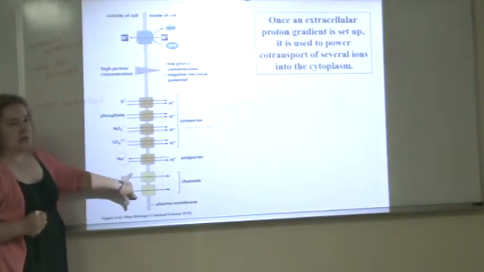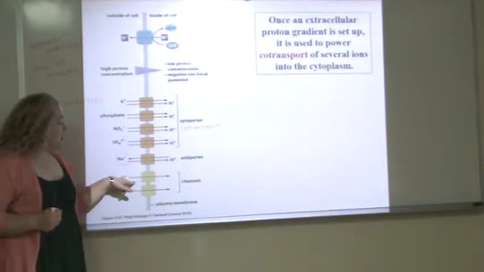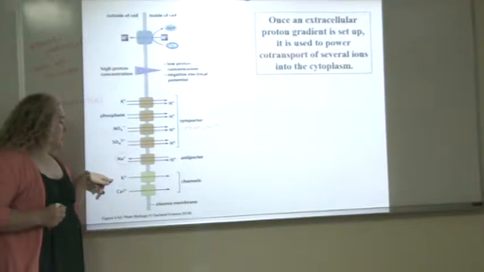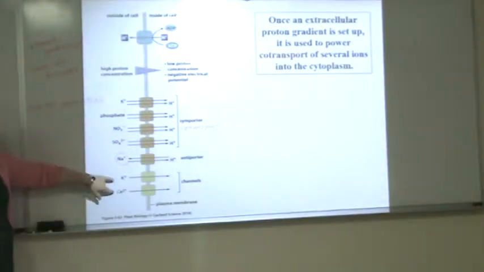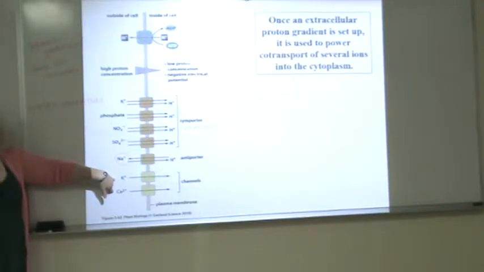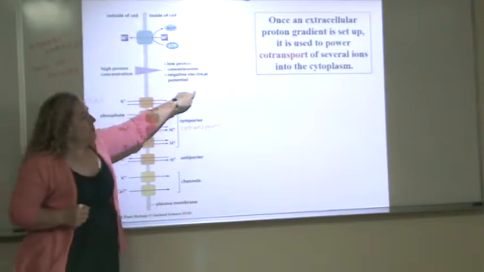This fact is unrelated to protons, but there are channels in the plasma membrane that let potassium flow in and calcium flow in. That movement is not driven by protons. So the more protons out here, the more solutes in here.